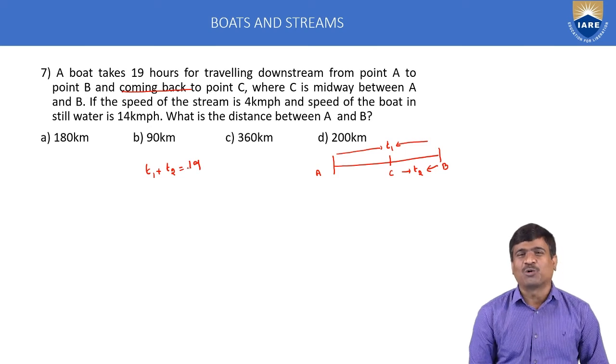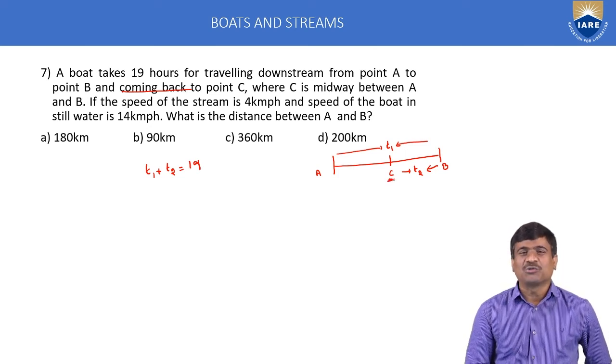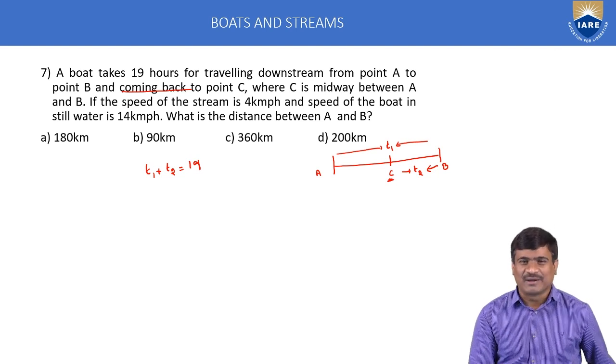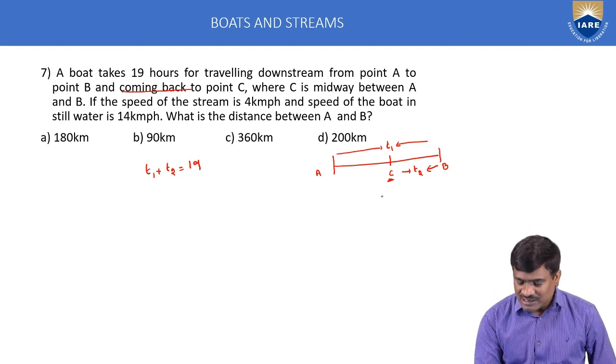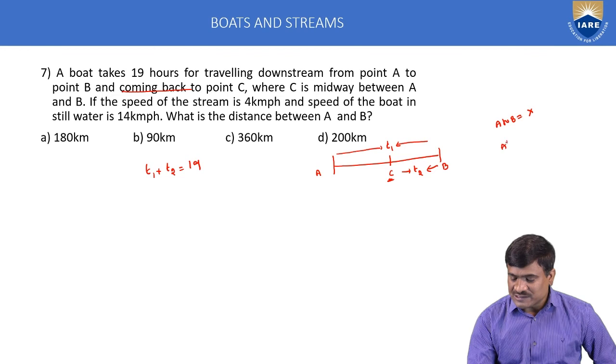This is very, very important. Where C is exactly between A and B, and midway means exactly middle. Here suppose consider let A to B distance is equal to x. Then A to C is equal to x by 2 and B to C is equal to x by 2 because middle.